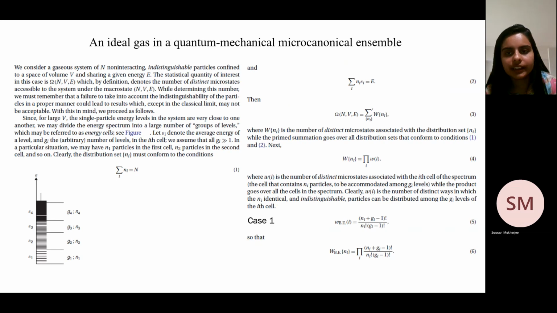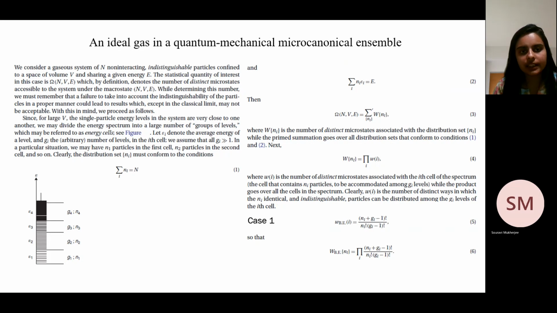So that was the concept of the density matrix, which is important when we talk about the quantum mechanical description of systems. After that, we move to the quantum mechanical microcanonical ensemble. When we talk about quantum mechanical systems, we have to understand in detail what distinguishability and indistinguishability mean.